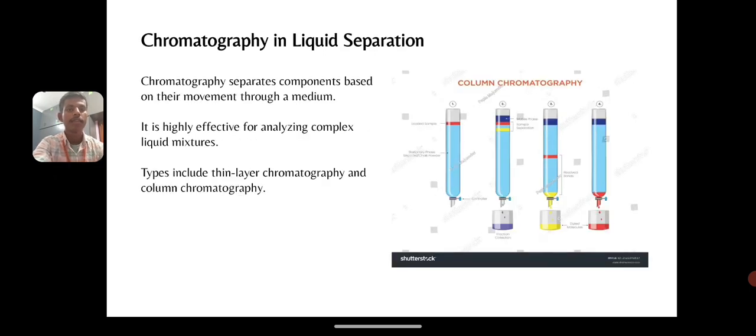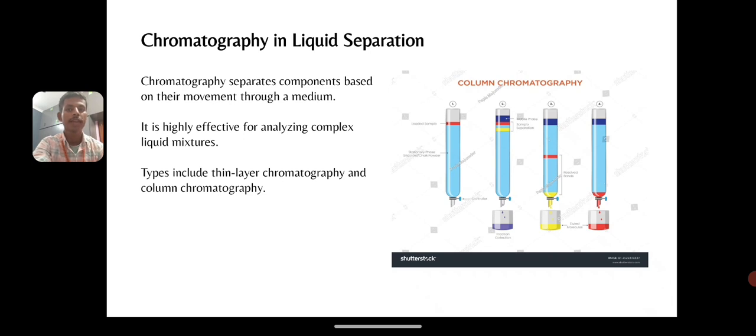Chromatography in liquid separation. Chromatography is a modern and highly effective method. It separates components based on their movement through a medium. It is highly effective for analyzing complex liquid mixtures.